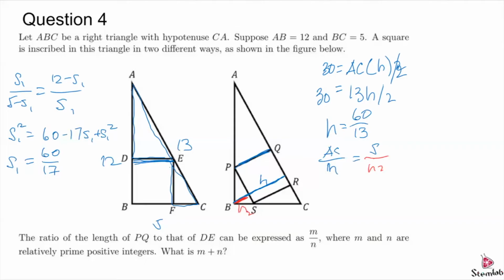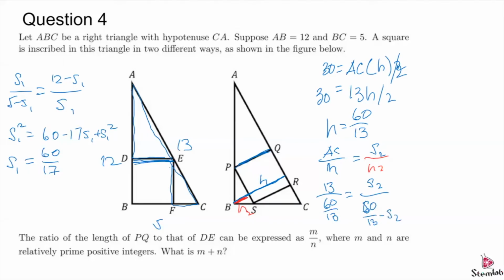Each of those dimensions we sort of know. AC is 13. H was 60 over 13. S is the one that we don't know, so we put that S2 to differentiate from the S1 that we have on the other side. And H2 is no more than 60 over 13 minus S2.